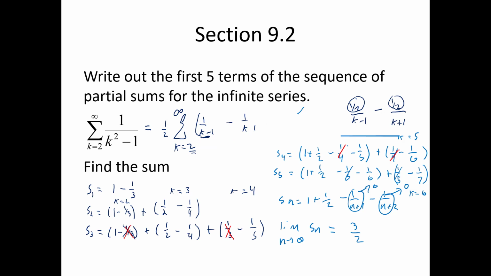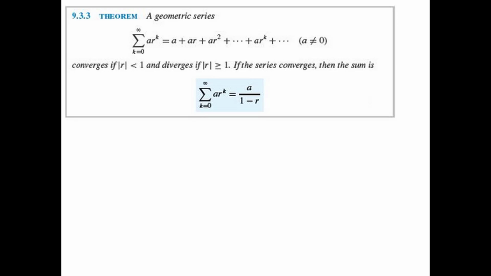So the summation from k equals 2 to infinity of 1 over k squared minus 1 is equal to 3/2, which means that this infinite series converges. And all that means is as you add more and more terms, you just keep getting closer and closer to 3/2, right? That's all that means. And so then we're going to define the infinite sum to be 3/2.